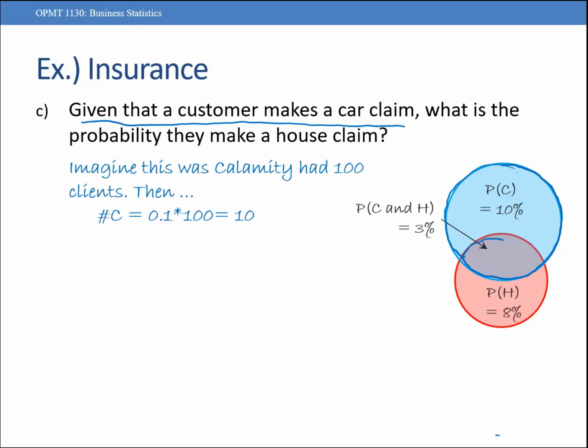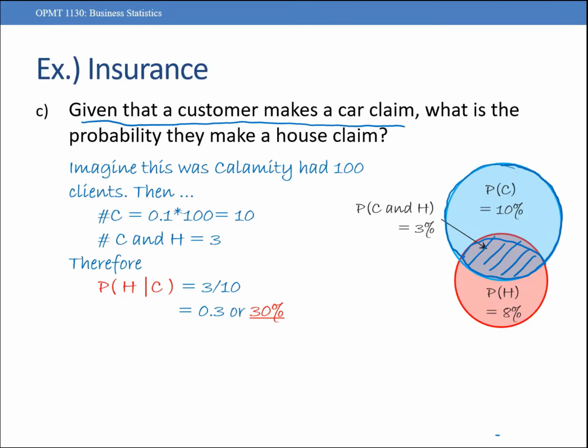Now, of that 10, how many would have also made house claims? So that would be this 3% right here. So that 3% would be 3 when we're looking at 3% of 100. So if I want the probability, I'd be looking at 3 out of 10. And you can see that's 3% divided by 10%, or 30%.